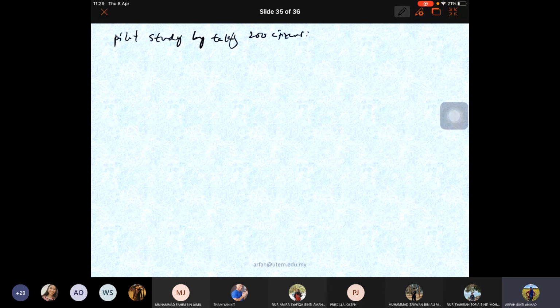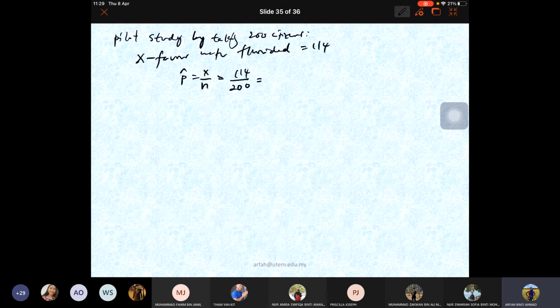So daripada sini X favor water fluoride, so sama dengan 114. So you dapat P hat sama dengan X per N sama dengan 114 per 200. So you will get P hat equal to 0.57. Okay. And Q hat will be equal to 1 minus P hat. It will be equal to 0.43.